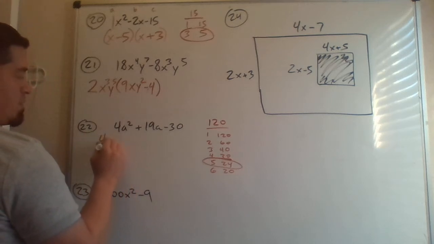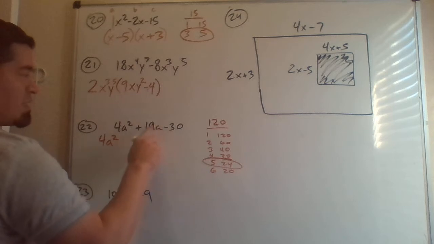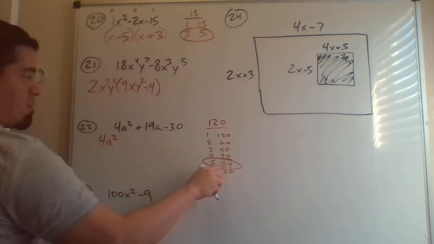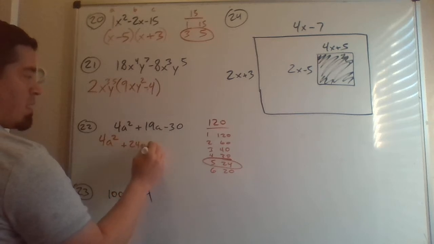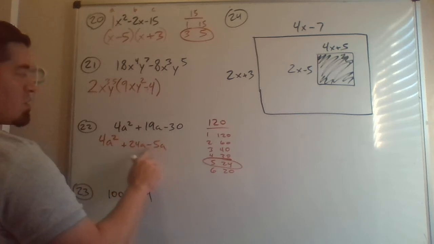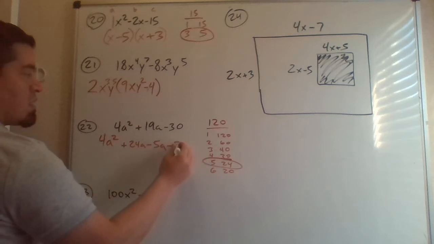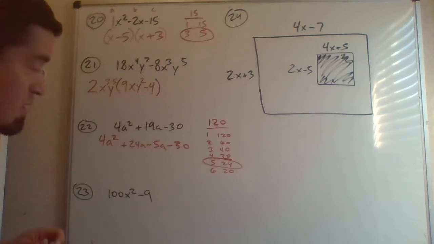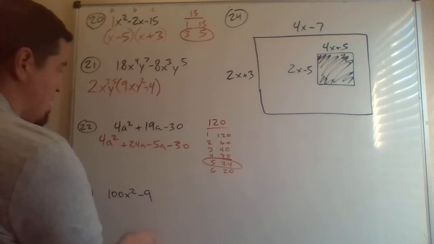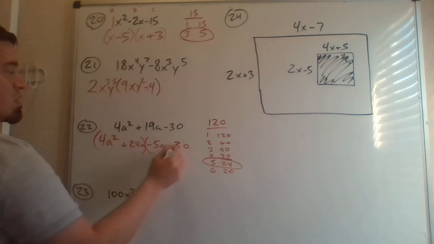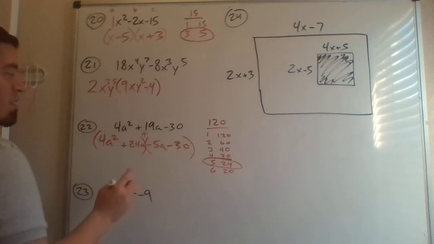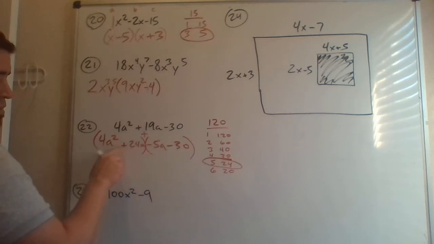Okay, so we want to split these up. I want to split the 19 term up into plus 24a minus 5a. I'm doing this for a reason, because I want to set up factoring by grouping, where you have two groups. You got your first group, you got your second group. Remember, there's this plus in between. So the greatest common factor of the first group would be 4a.